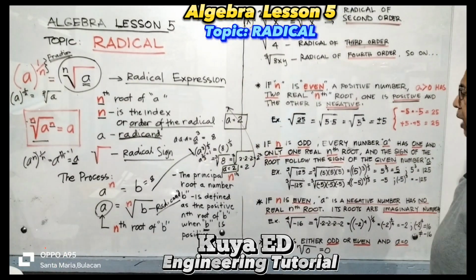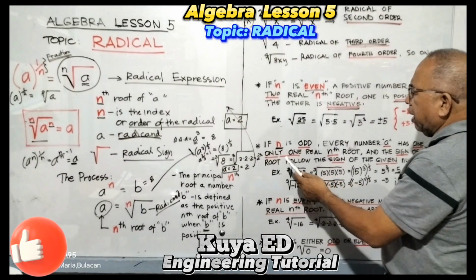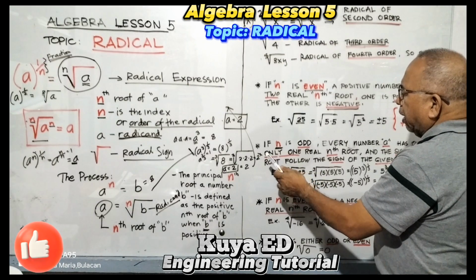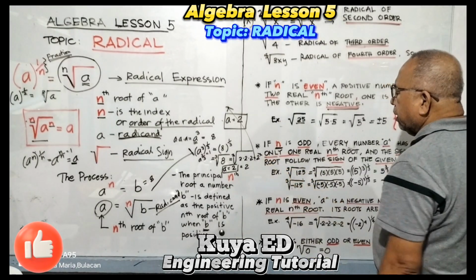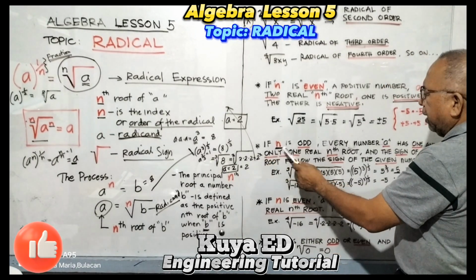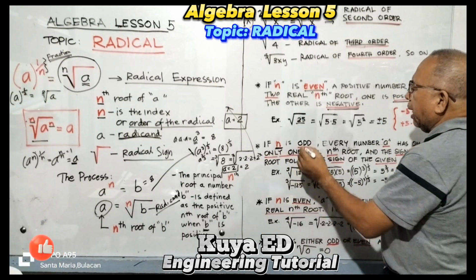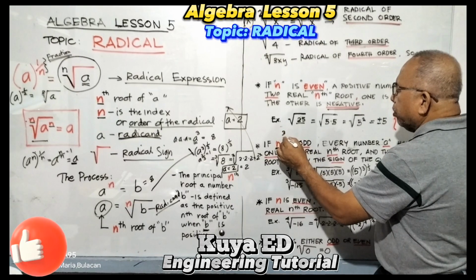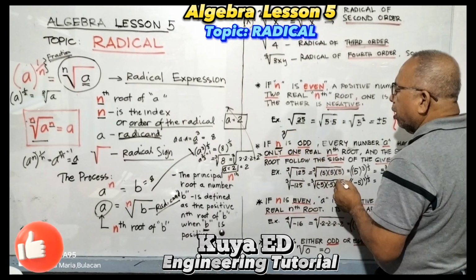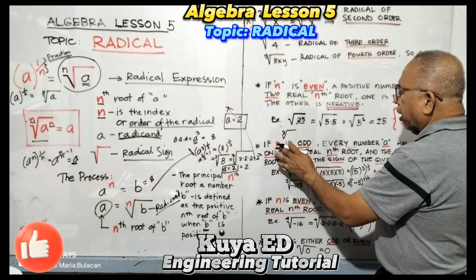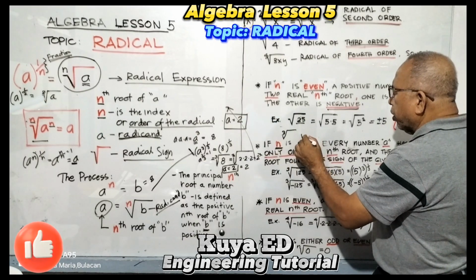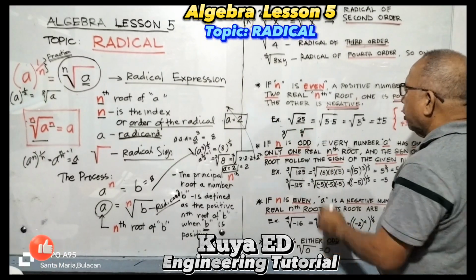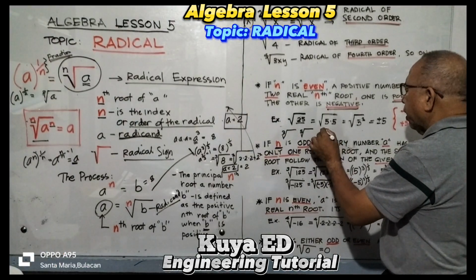Okay, so patuloy tayo sa ating pong pag-consider sa ating pag-aaral dito sa radical. Okay, if n is odd, alam natin pag odd, no? Kunwari 3, so cube root, odd. So yung n daw natin ay cube root or example ay 5, fifth root or 7.